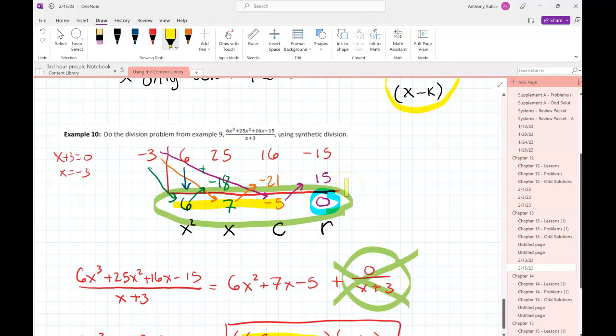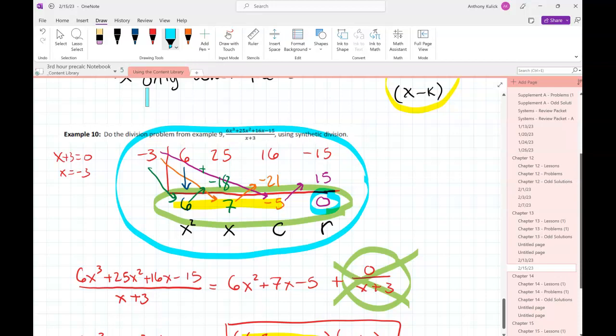So notice here, when we did this synthetic division, this could be thought of as the process of 6x cubed plus 25x squared plus 16x minus 15.